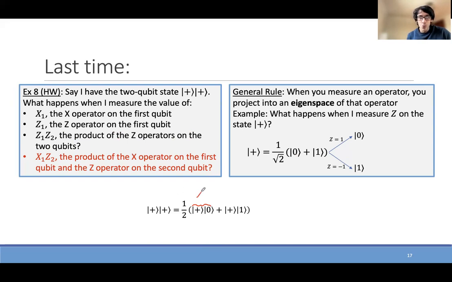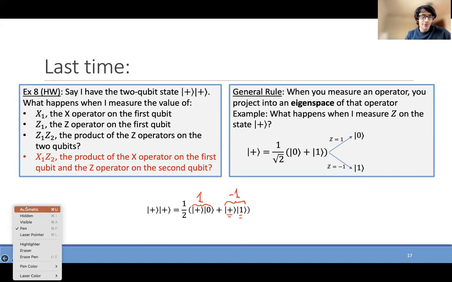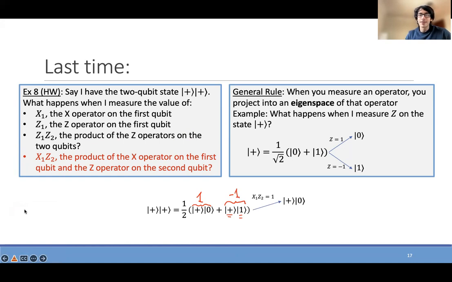So their product is 1. And what about here? -1. Right, exactly. So X takes the value 1 still, but Z takes the value -1. So we're in -1. Okay. So then that tells us that we have two possibilities. We can measure 1, in which case we go into the state plus 0. Or we can measure -1, in which case we go into the state plus 1.